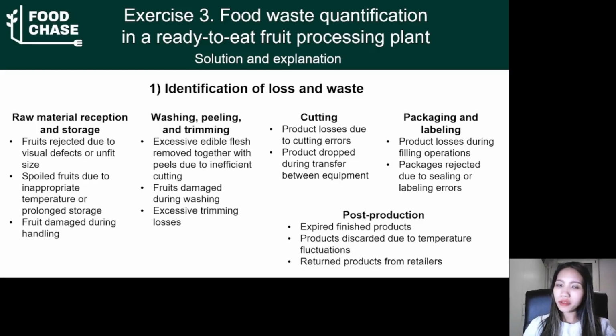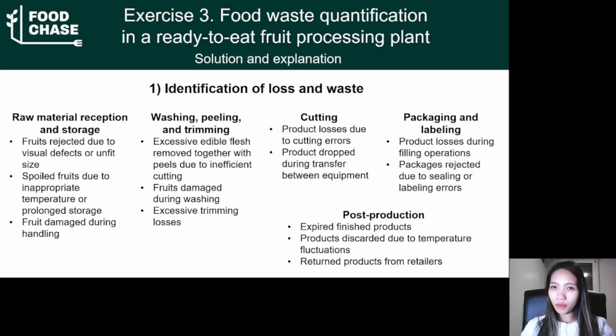During washing, peeling, and trimming operations, there is excessive edible flesh removed together with peel due to inefficient cutting, whether manual or mechanical, so automated cutting. Fruit damage during washing, this is also physical damage, and excessive trimming loss.